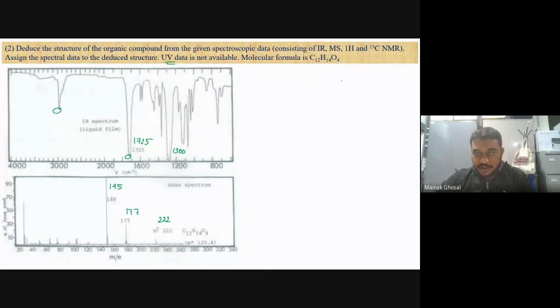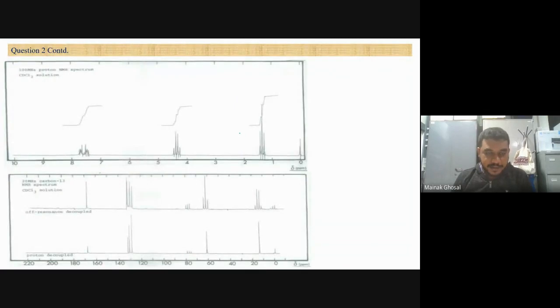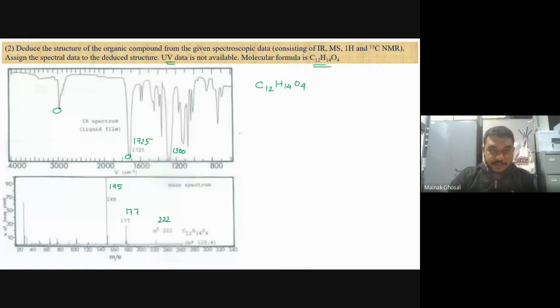And you are given the molecular formula I have written over here, C12H14O4. Now I am going to the NMR spectrum. This is very messy because of the blurriness. So first of all, again we go one by one and we will solve the problem. First, you need to find the double bond equivalence. 12 minus 14 by 2 plus 1, that is 6.